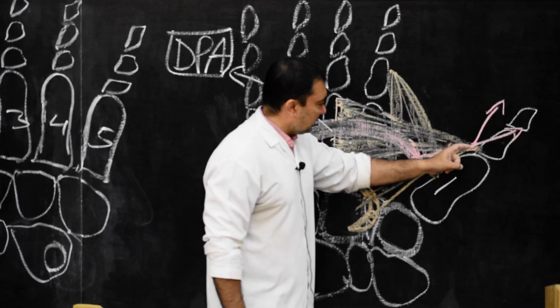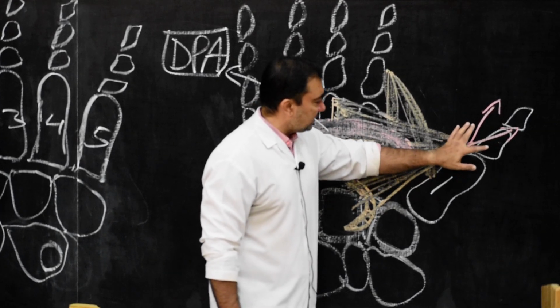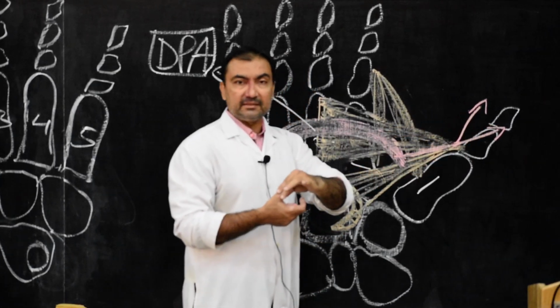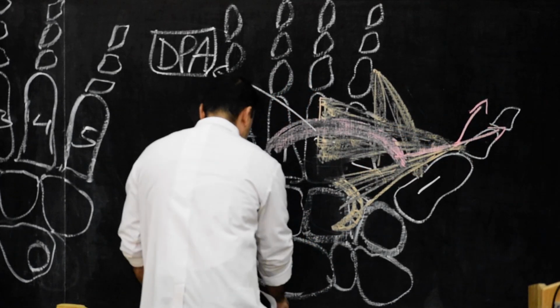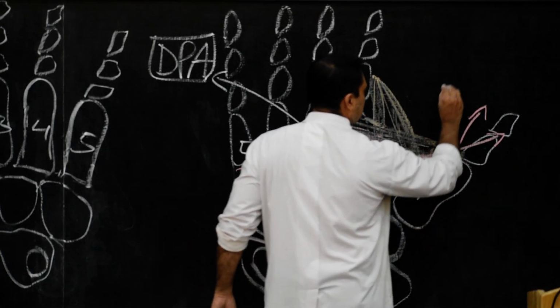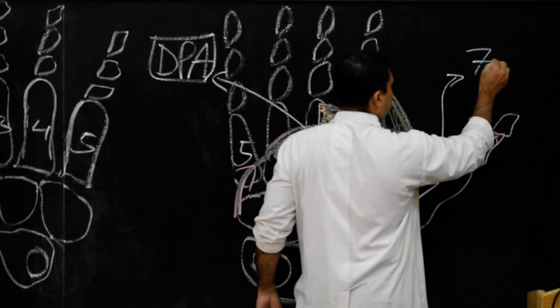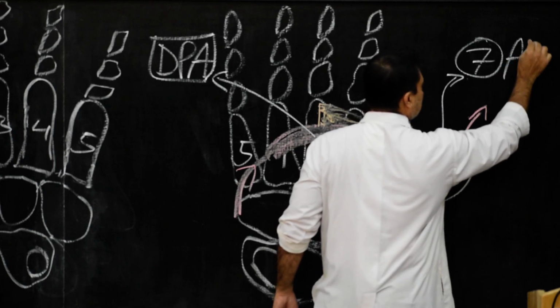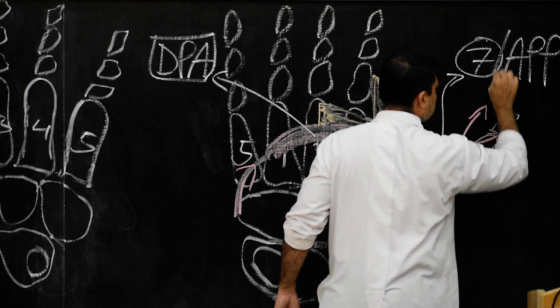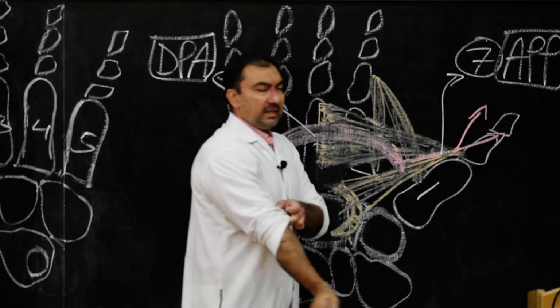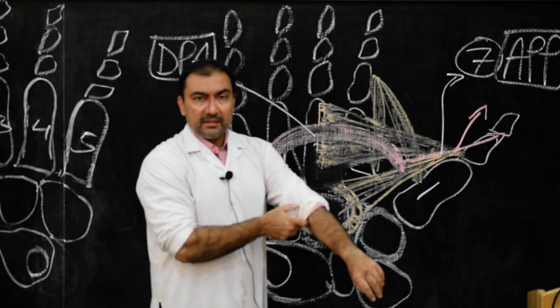And this branch will then travel over the first metacarpal and divide into two branches which will supply either side of the thumb. So I will name it as branch number 7, arteria princeps pollicis, beneath the oblique head of adductor pollicis.